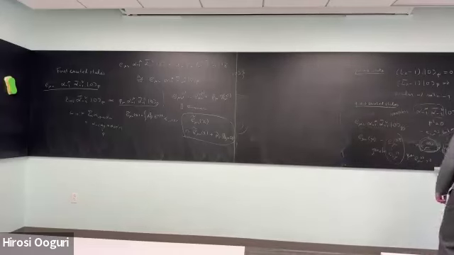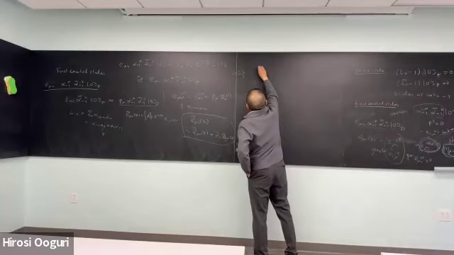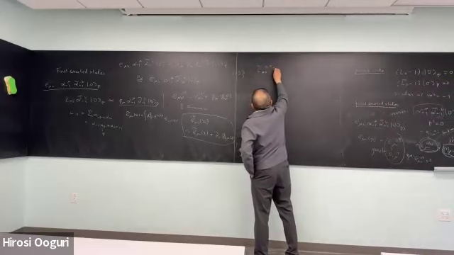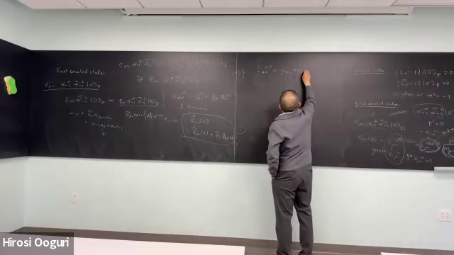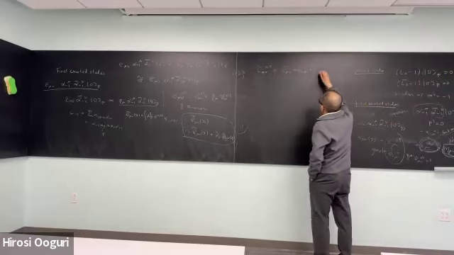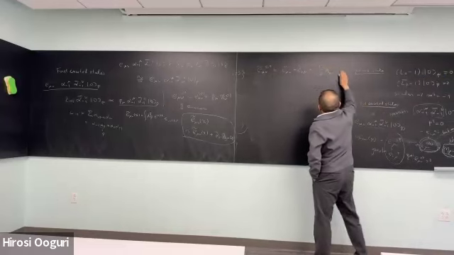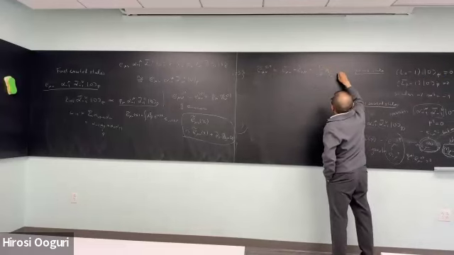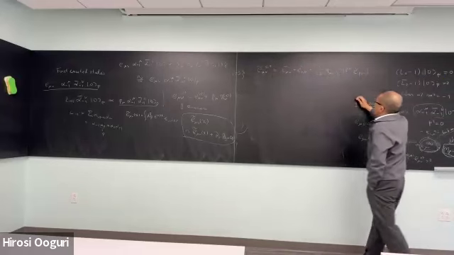For example, if I consider the symmetric traceless part, which is equal to E mu nu plus E nu mu minus, so let's say we need to calculate 2D over eta mu nu, eta rho sigma, E tilde rho sigma.